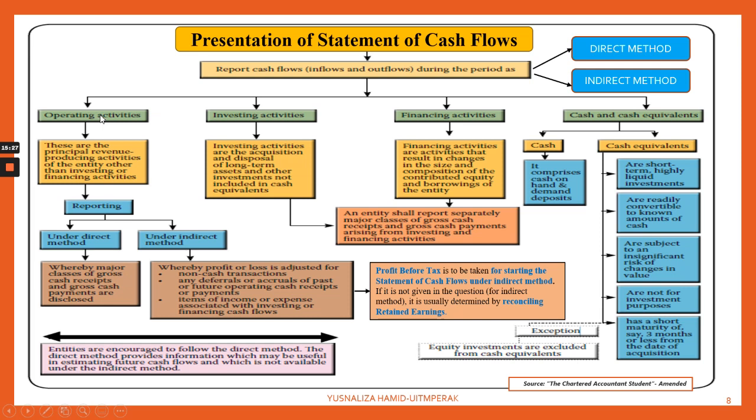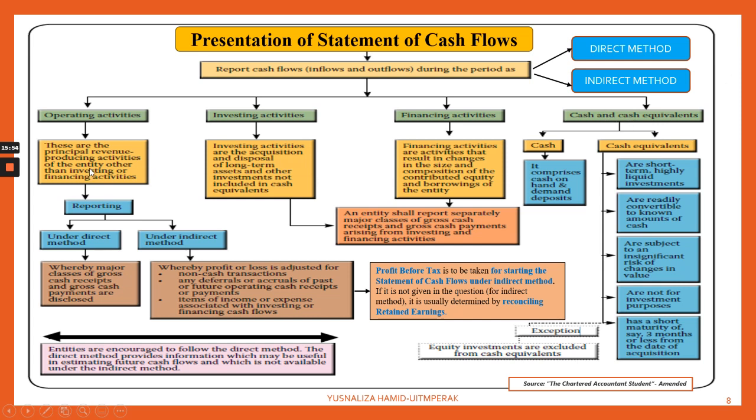Under both methods, you will have to present the operating activities, the investing activities, the financing activities, as well as the cash and cash equivalent. So there are generally 4 sections in the cash flow. Section 1 is on operating activities, Section 2 is on investing activities, Section 3 is on financing activities, and the last section is cash and cash equivalent.